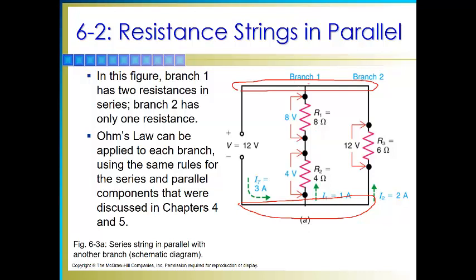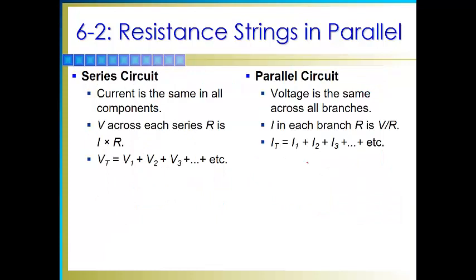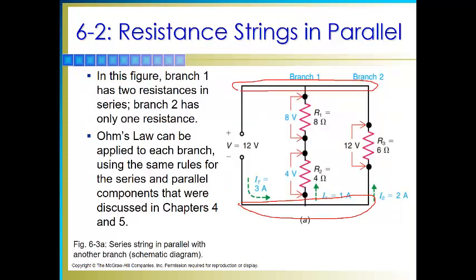However, branch 1 has two resistors that are connected in series. So in this case, we need to add the two resistors in series first, and that will lead us to a branch with one single resistor, and then we have two resistors in parallel.